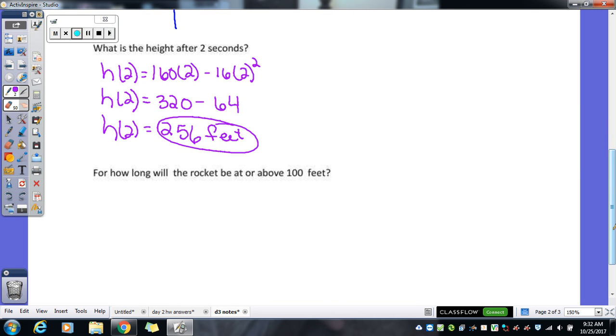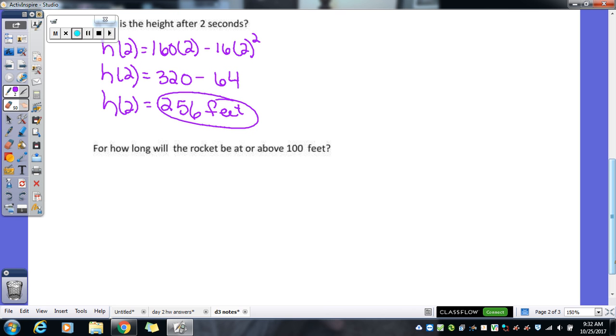So now they want to know, for how long will the rocket be at or above 100 feet? So what we're going to do is take our equation and set it equal to 100. Because they're looking for when it's at or above 100 feet. So we're going to figure out the 2 times when it hits 100 feet. So I'm not going to bring my 100 over.